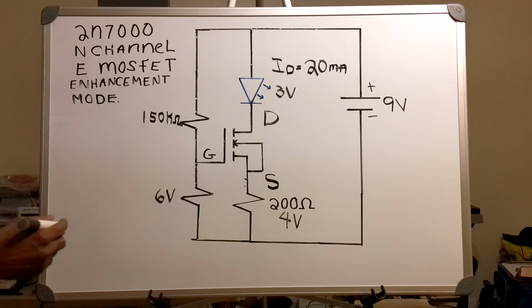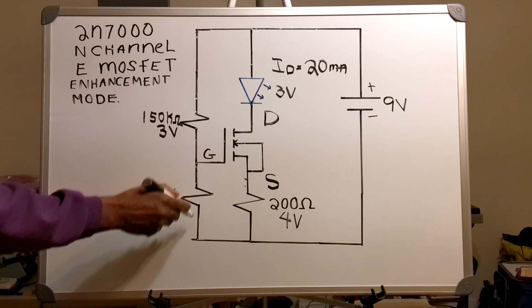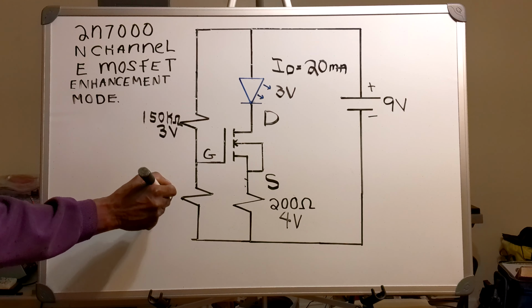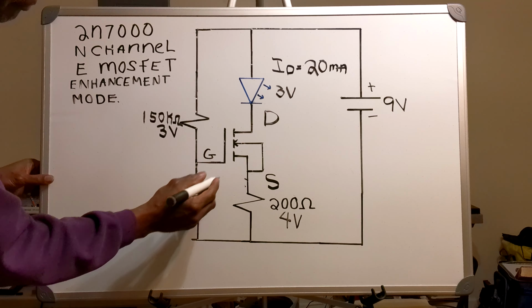So now what I have to do is find the value of this resistor so that I can get my 6 volts here. And because I have 6 volts here, I'm going to have about 2 volts right here across VGS.